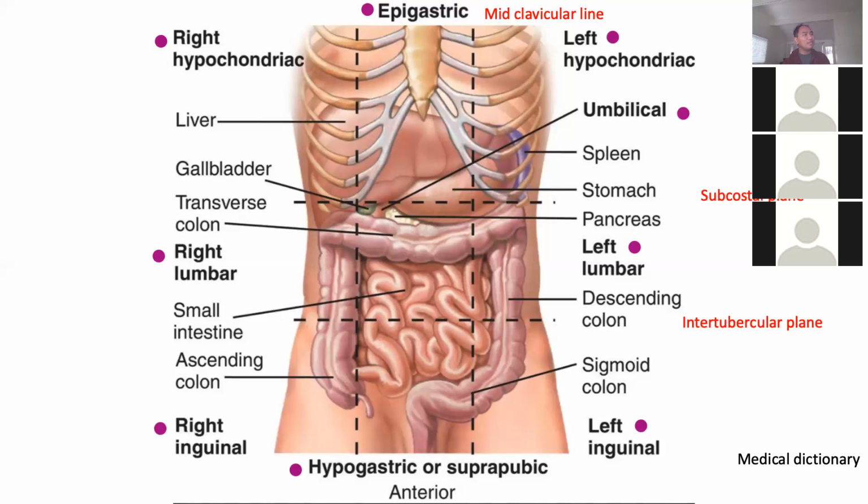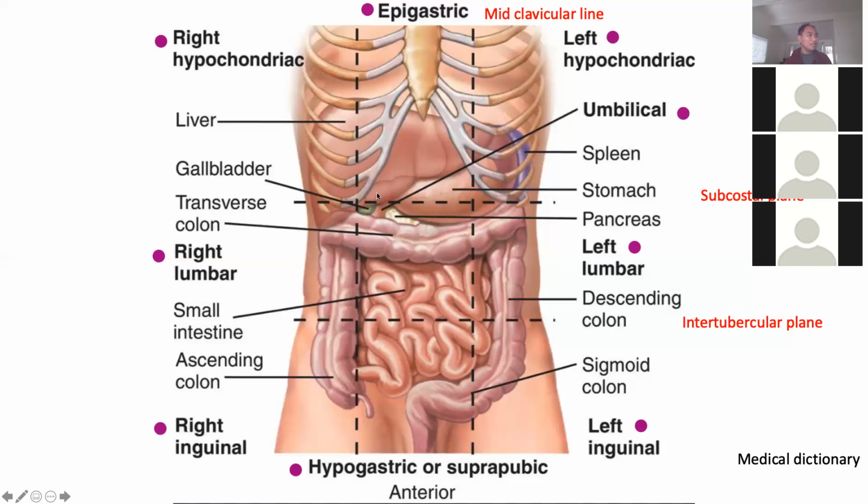So what are they? Just underneath the rib cage, underneath the costal cartilage, is the right hypochondrium. Hypo means below, chondrium means costal cartilage. Then the left hypochondrium. In the upper middle here is the epigastrium.